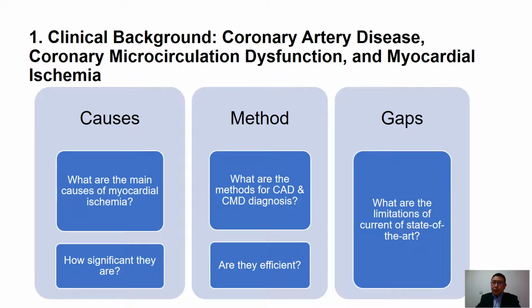What methods do we have to detect the two main causes? That is, coronary artery disease and coronary microcirculatory dysfunction. Are the diagnostic tools efficient enough in clinical practice? Finally, what are the limitations of the state of the art? Is it possible to improve them based on the current technologies?